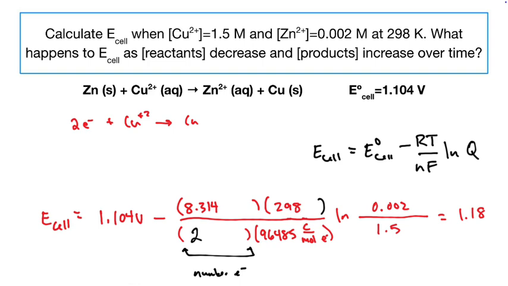We've got our Faraday's constant, and then we do our products over reactants. How do we know the 0.02 belongs in the numerator? The 0.02 belongs to our zinc ion, and because we know Q is products over reactants, our zinc ion shows up on the right-hand side of the arrow, which means that's our product. We need to put that in at the top, and we get our 1.18.